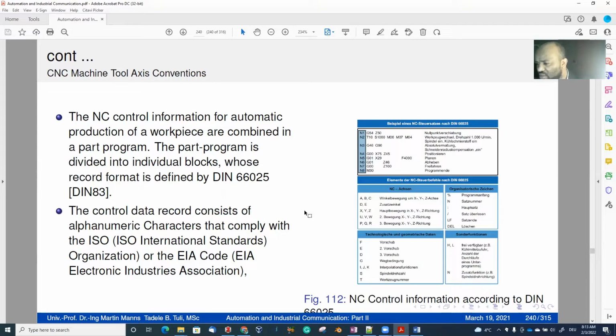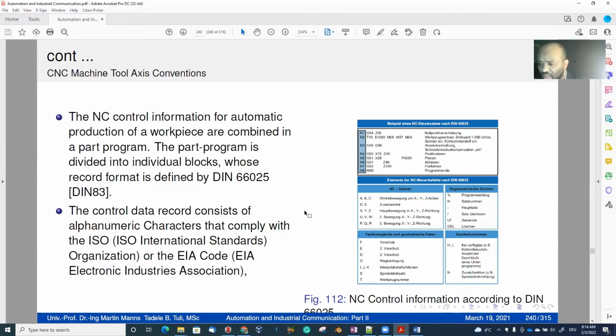For example, G is a machine function, a function to do something. For example, G00 is rapid positioning, G01 is linear movement, G02 is circular movement, and G03 is circular movement counterclockwise. These are used to define preparatory functions. These G codes are used to command operations for the machine tool.